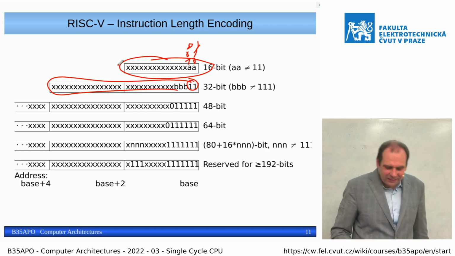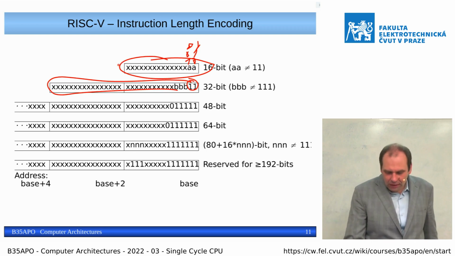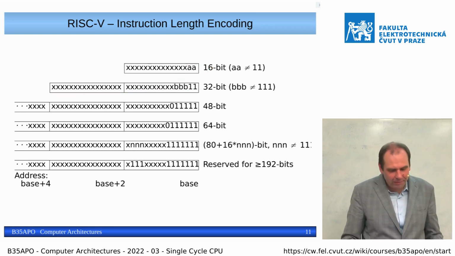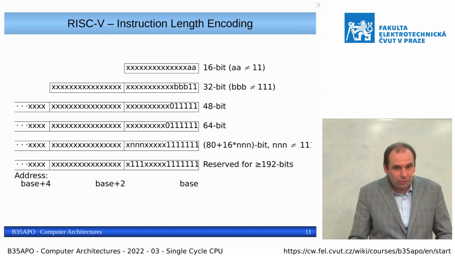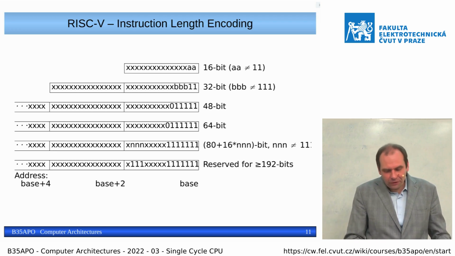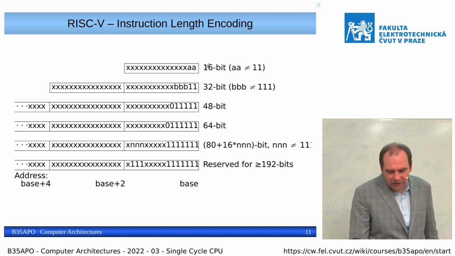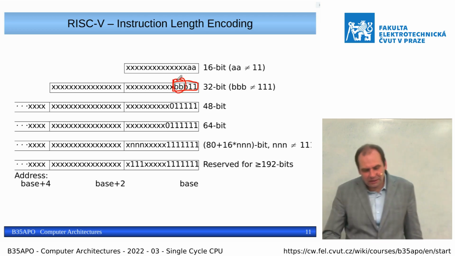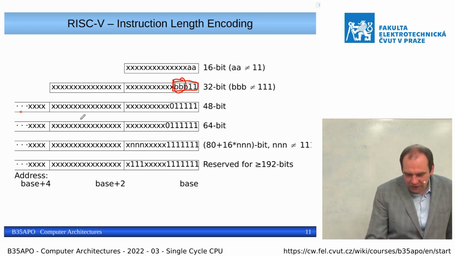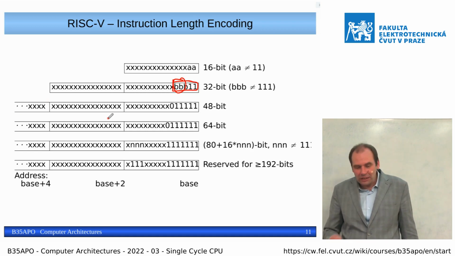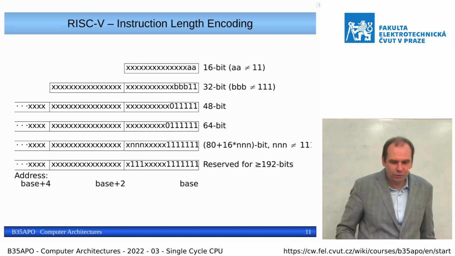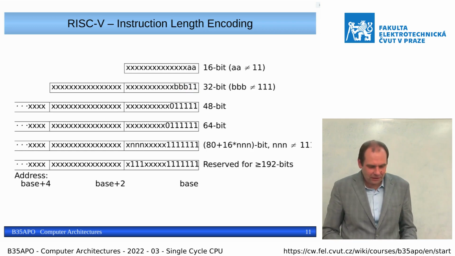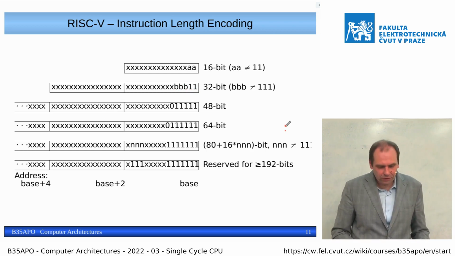And because they know that maybe there will be a need to add another extension, and for example Intel has a big problem because it blocks short codes by some instructions which are seldom used, and then a quite often used instruction has too long codes. So for this reason, they defined a rule that even a 32-bit instruction cannot have those 3 bits set to 1, and it is a space reserved for 48-bit instructions, 64-bit, and so on. It is not used now, but it is reserved for the future, in case it can be necessary or useful to use it.